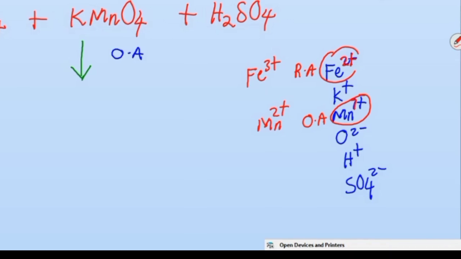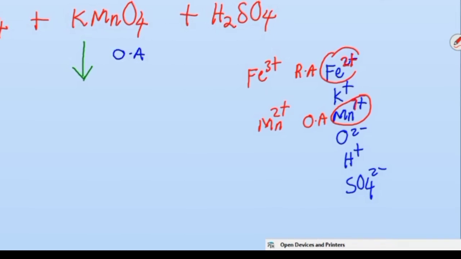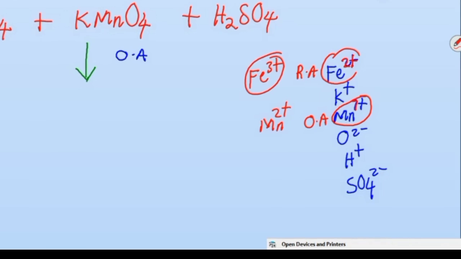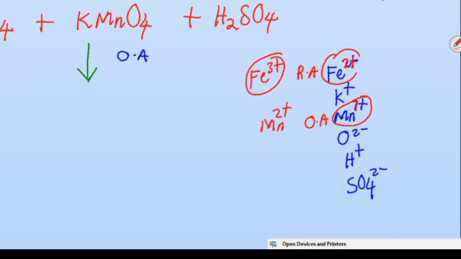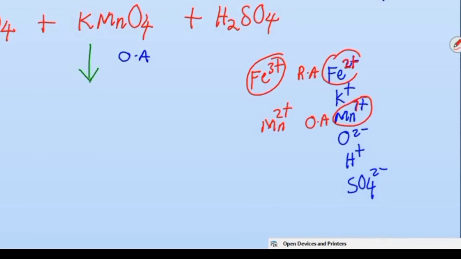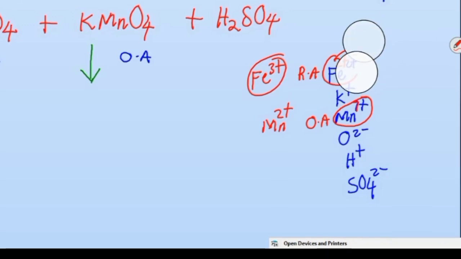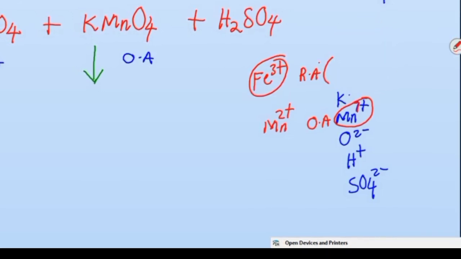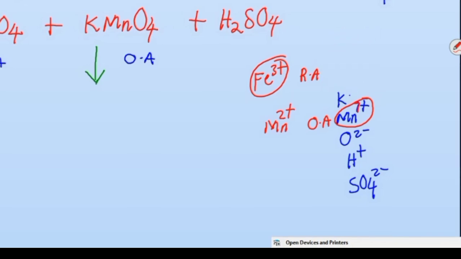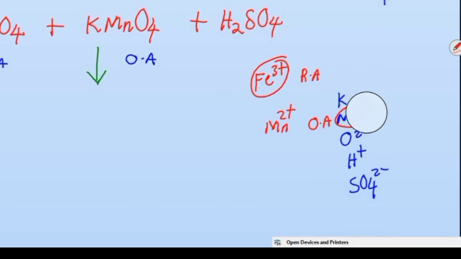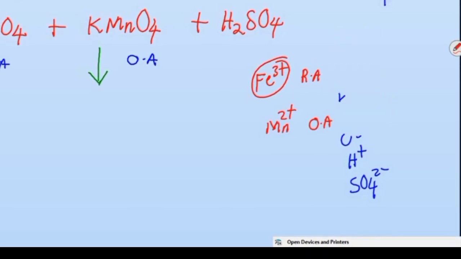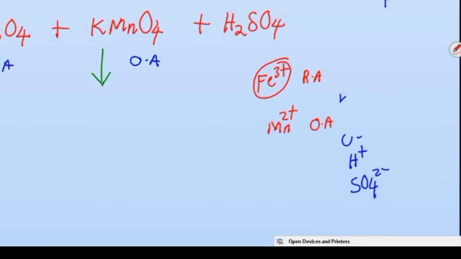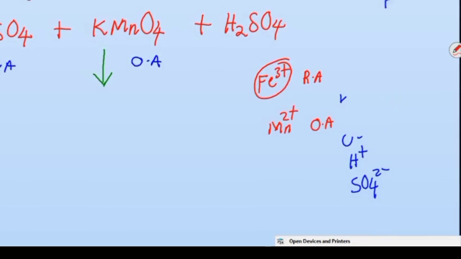So in the product side, I'm not going to be having any more of iron 2, so let's remove that, and we are not going to be having any more of manganese 7.